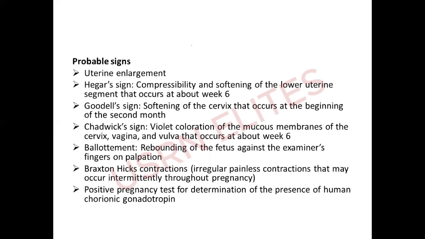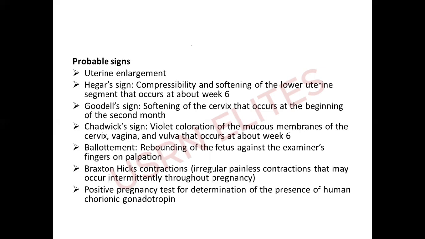The first one is the enlargement of the uterus. As the fetus continues to grow, you don't expect the size of the uterus to stay the same. It also has to enlarge so that it can accommodate the fetus. Then you have the Hegar sign, the Goodell sign, the Chadwick sign.